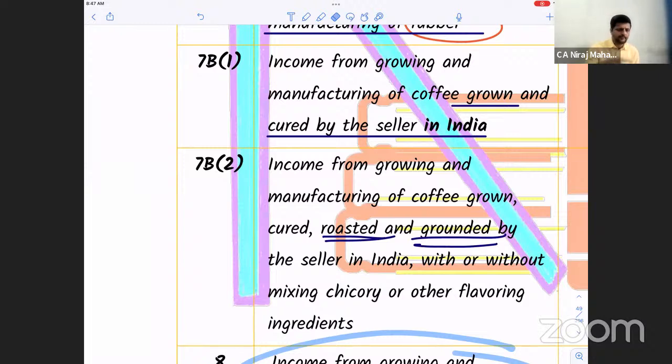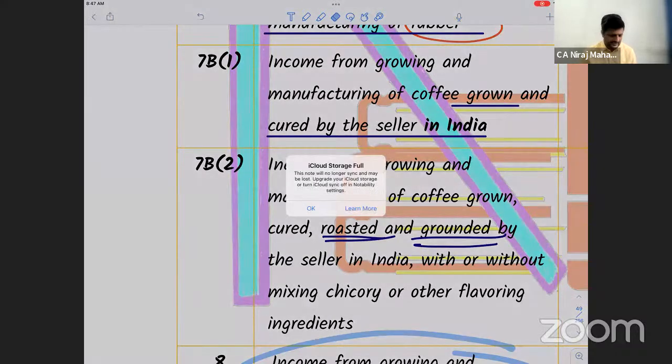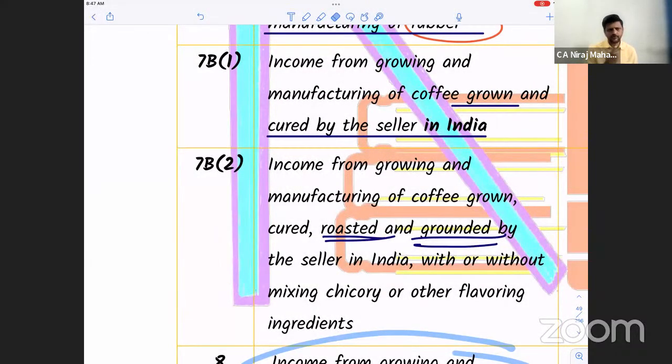So I might also expect a higher selling price for 7B2, because obviously I'm doing more processing. In a way, I'm making it a little more customized, different, unique, with more features and more elements in the coffee, correct?